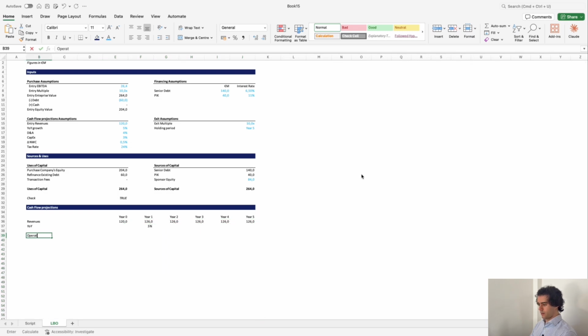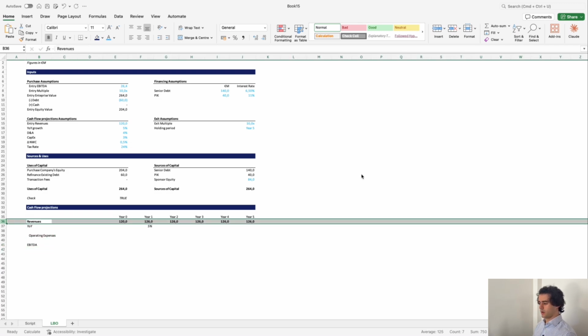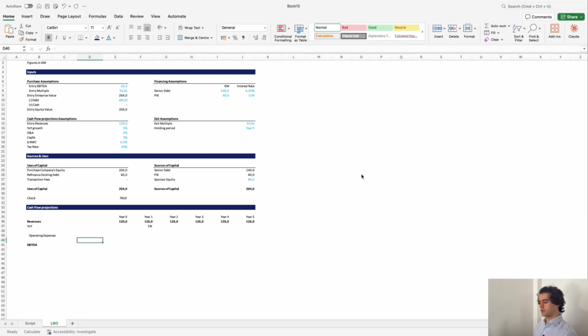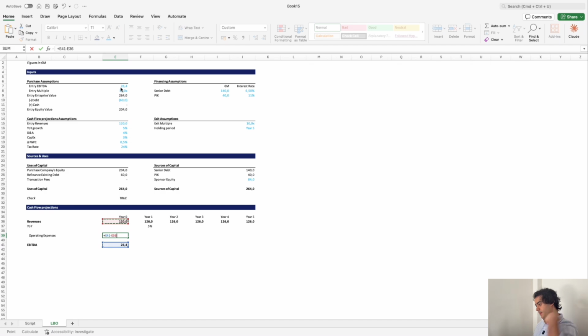Okay, then we will go to our operating expenses. We don't know any insights about our operating expenses, so we will calculate them as the difference between revenues and EBITDA. Since we know that entry EBITDA is 26.4, we can have the difference between EBITDA and revenues.